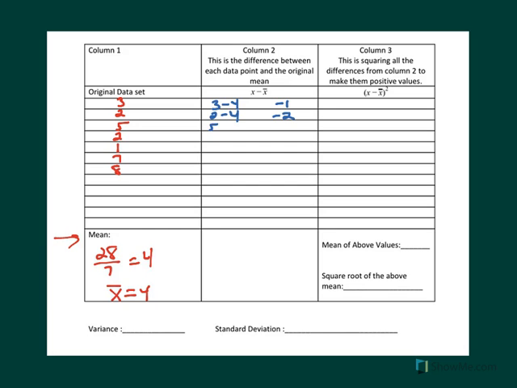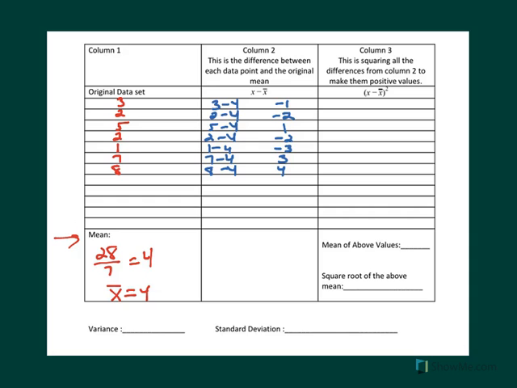And then 5 minus the mean, which should get us 1. And then 2 minus the mean, which should be -2. And then 1 minus the mean, which is -3. And then 7 minus the mean, which is 3. And then 8 minus the mean, which is 4.